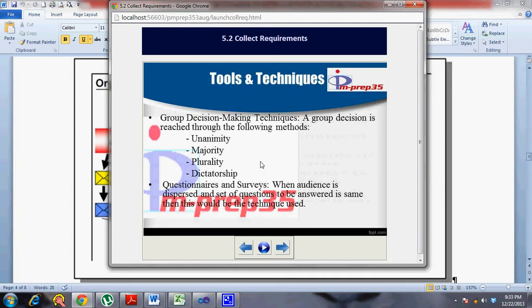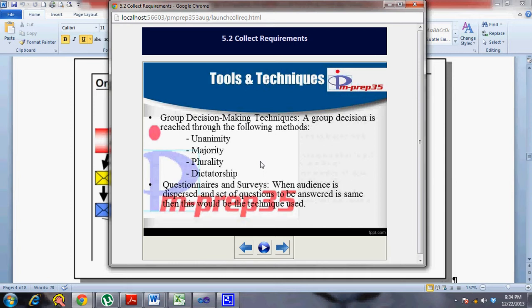These things help you categorize which is high priority, which is low priority, which is medium priority. So you have unanimity, majority, plurality, dictatorship. The names themselves give an idea of what kind of technique will be used. In case of dictatorship, somebody who is really powerful as a stakeholder tells you this is highly important, he decides, so there is no other go but to do those requirements.